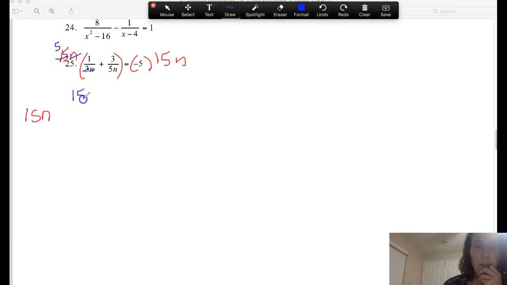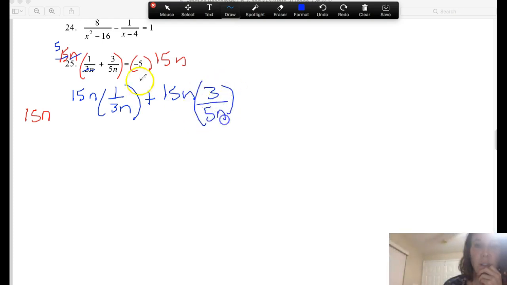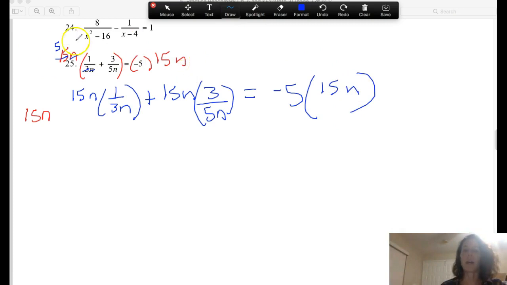This will be 15n times 1 over 3n, and then I'm going to do plus 15n times 3 over 5n. So I'm just going to distribute this and this so you can see it. And then that equals -5 times 15n. So I'm multiplying both sides by 15n and I'm distributing here.